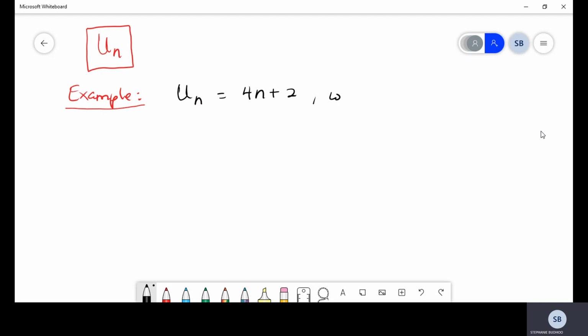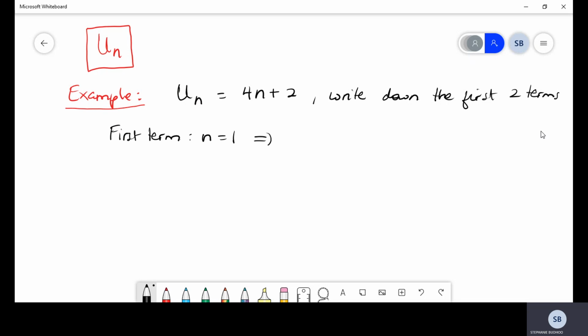The question says, since you have the algorithm for the sequence, can you write down the first 2 terms of that sequence? Well, the first term takes place when n is equal to 1.